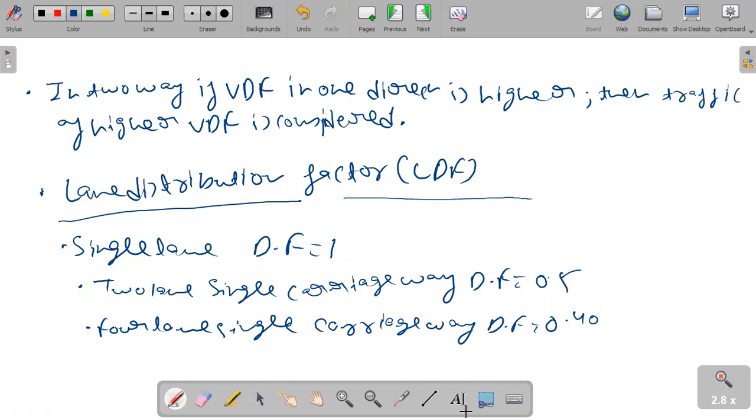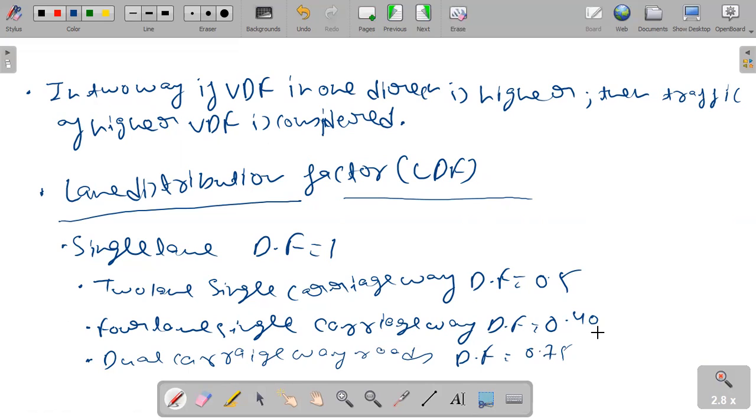And for dual carriageway roads, distribution factor is 0.75. So this is all about lane distribution factor.